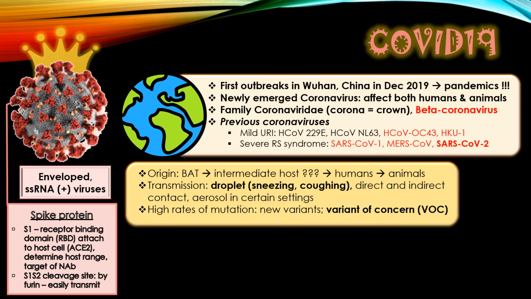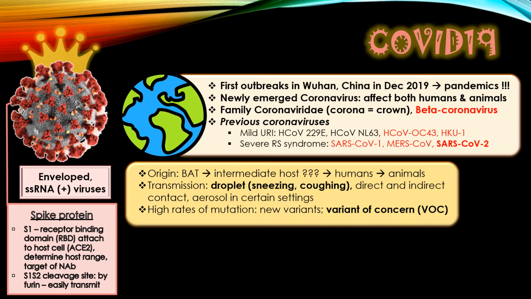We think its origin is in the bat, but it was transmitted through intermediate hosts. Until now, we don't know exactly what species the intermediate hosts are, and then to the human, and maybe some transmission from humans to animals.